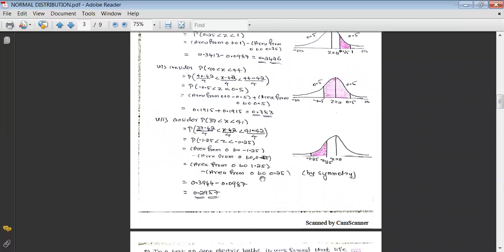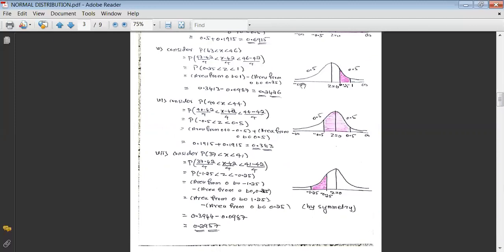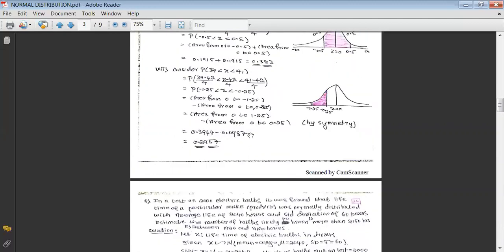And area from 0 to 0.25, in the previous problem we got the area from 0 to 0.25, that is 0.0987. Its difference is going to be like this. That will be the required value.